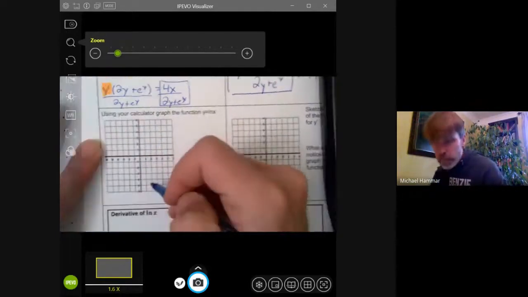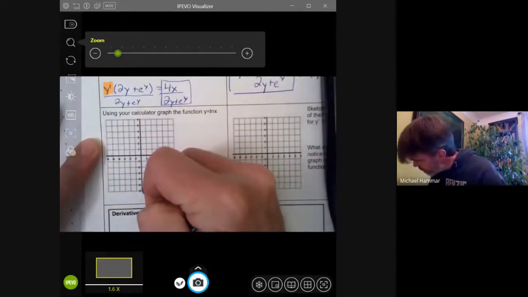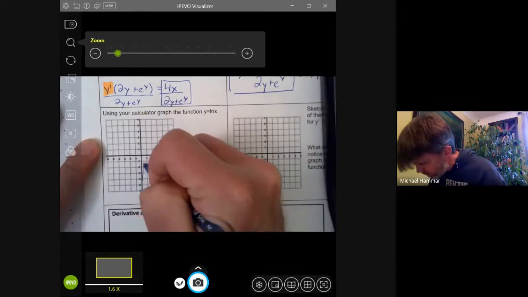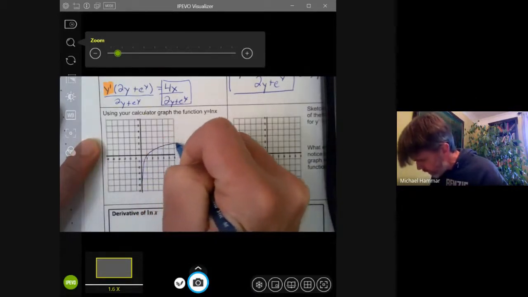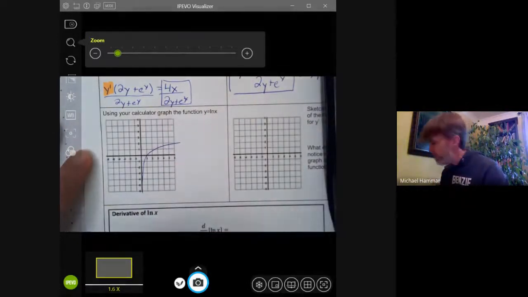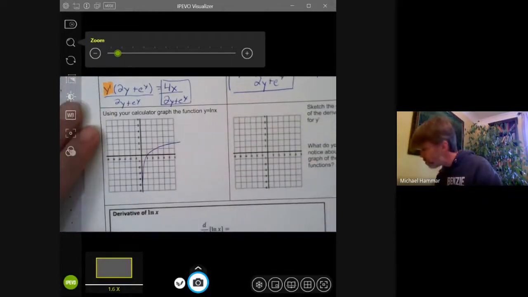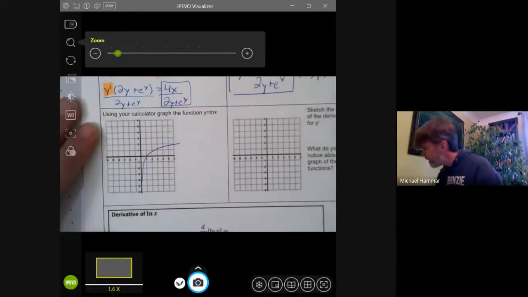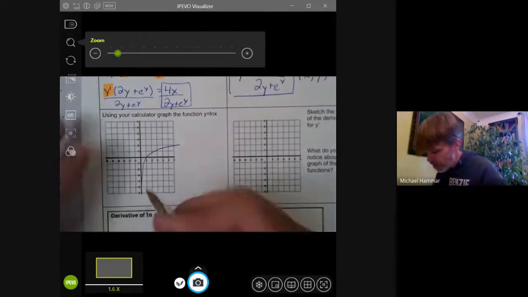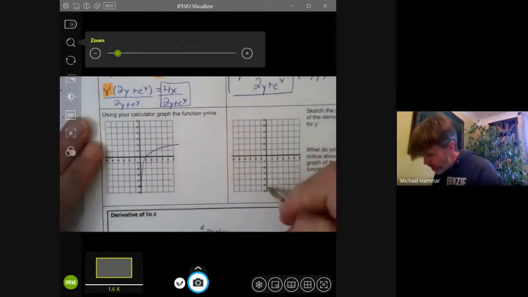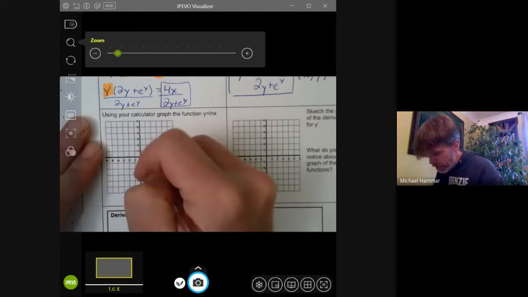So our function goes like this. It goes through (1, 0), and then it just starts going off like that. Now, you can kind of figure out what the graph is going to do, because we could pick different spots and check what the slope is. So if we pick right down here, the slope is really positive.